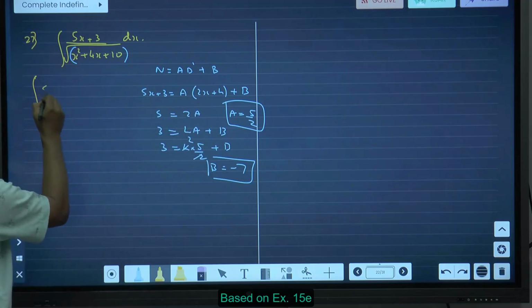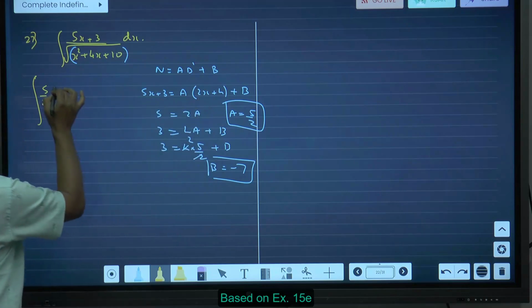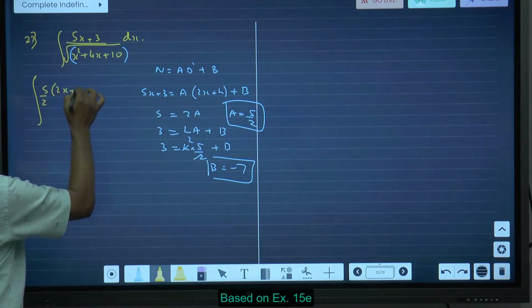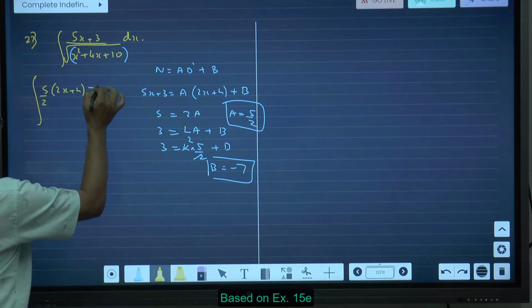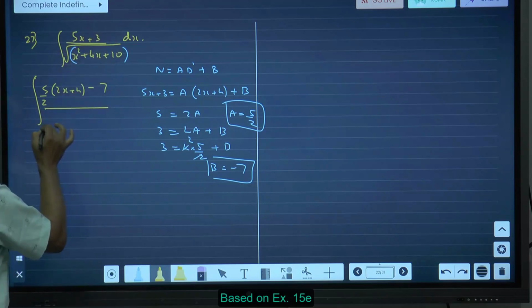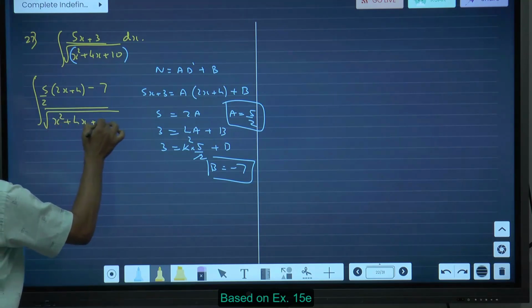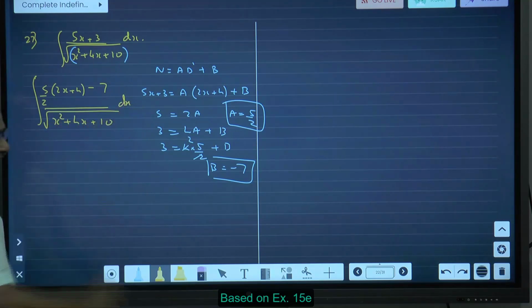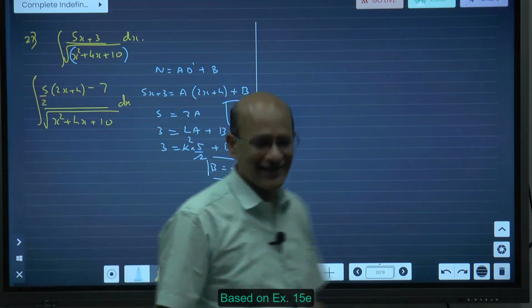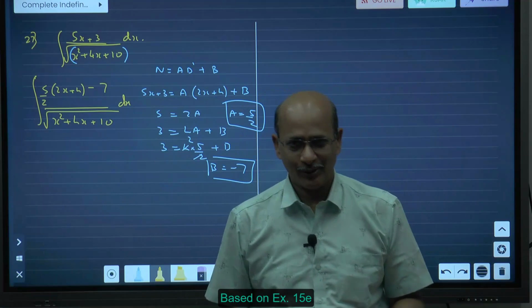A is nothing but 5 by 2 times what? 2x plus 4 plus b, that is minus 7. If you simplify this, you get the numerator back. Upon, write the denominator as it is, x square plus 4x plus 10 dx. Simple there. I am totally engrossed in keeping on teaching. I hope you are understanding, you are following what I am putting across to you all children.